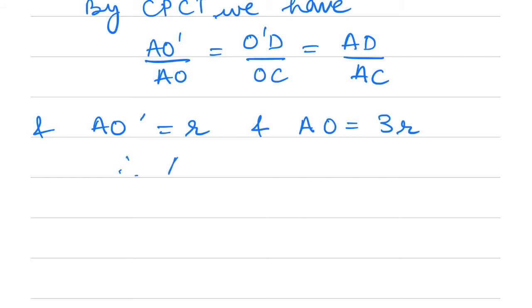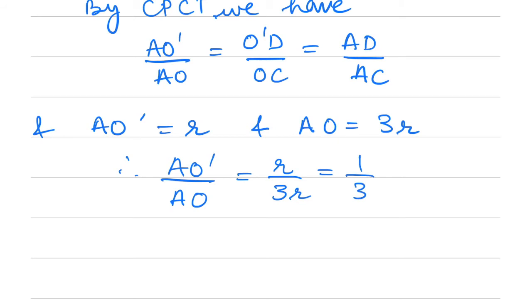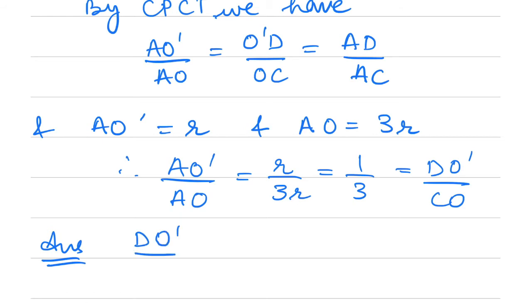Therefore, AO dash by AO is equal to R by 3R, so this is equal to 1 by 3, and this is also equal to DO dash by CO. So the answer is DO dash by CO is equal to 1 by 3.